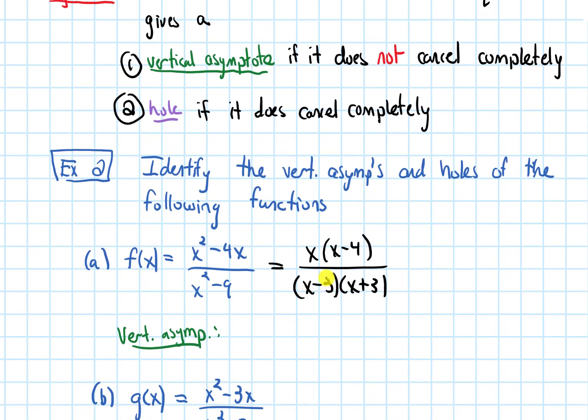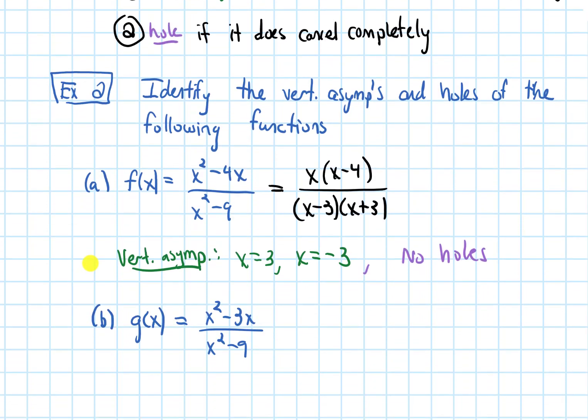For x minus 3, that's x equals 3, and for x plus 3, that's x equals negative 3. So we have two vertical asymptotes here. There were no factors on the denominator that did cancel completely away, so this function has no holes.